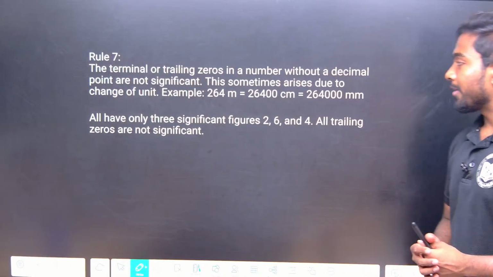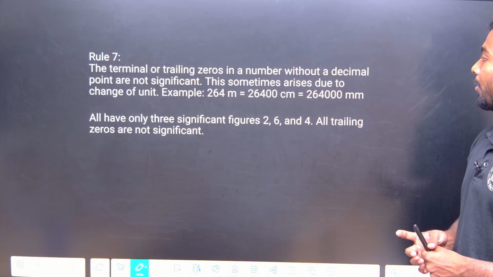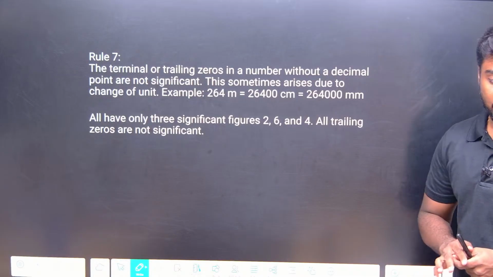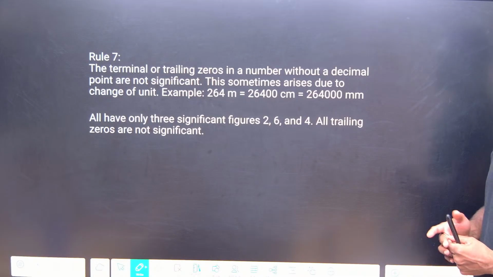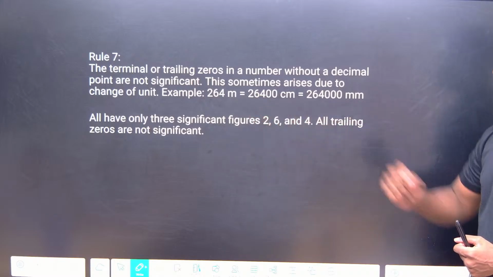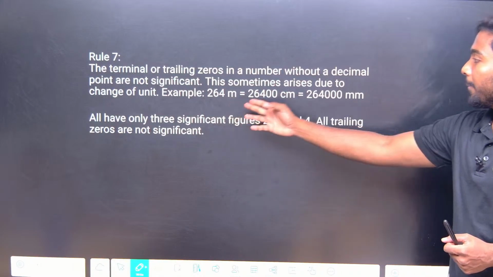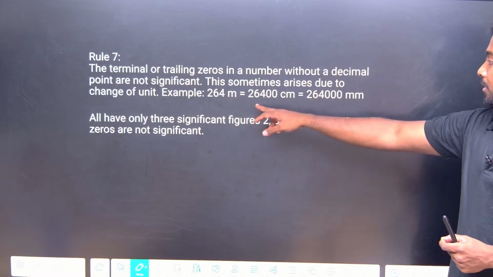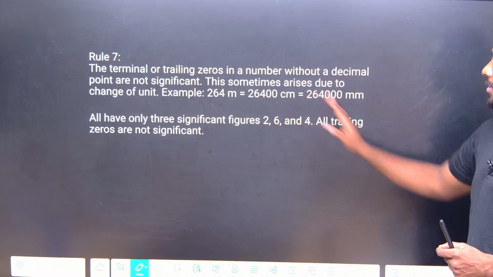Rule number 7, the terminal or trailing zeros in a number without a decimal point are not significant. This sometimes arises due to change of units. For example, 264 meter is nothing but 26400 centimeter.